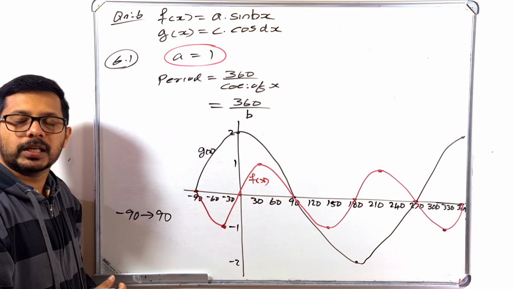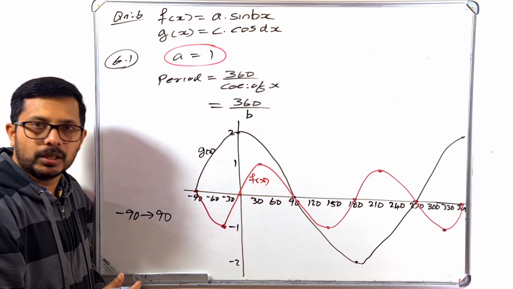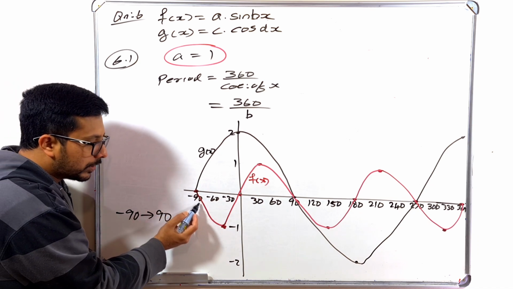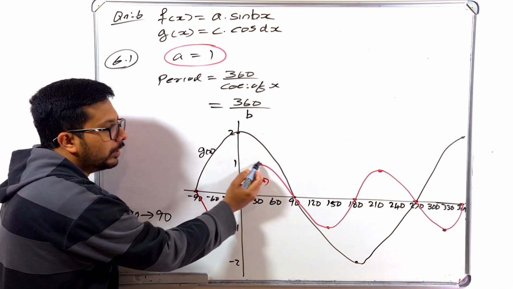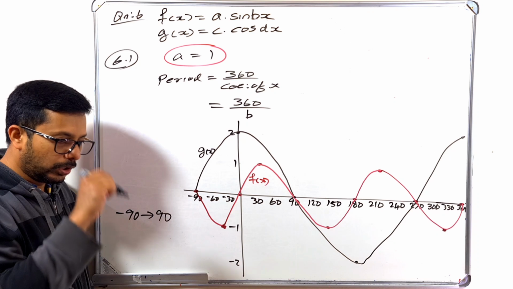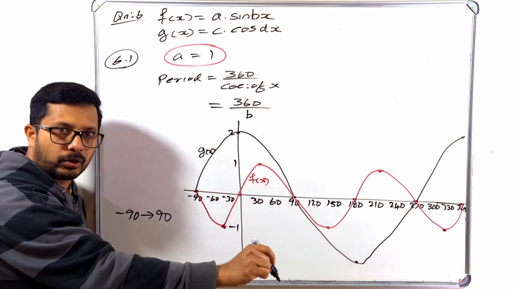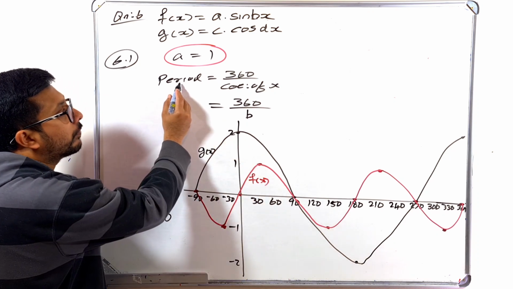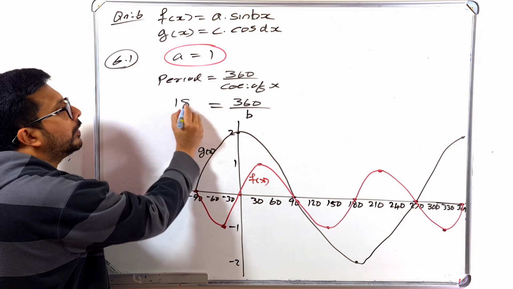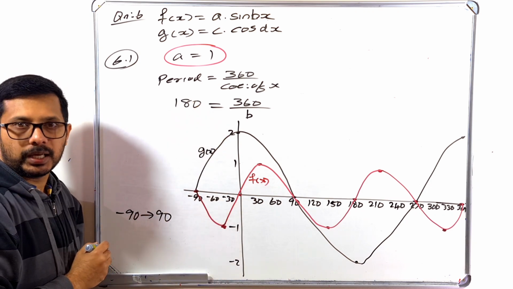That means 90 plus 90, 180. So this f of x graph took 180 degrees to complete one rotation. So from the graph we know that the period is 180.